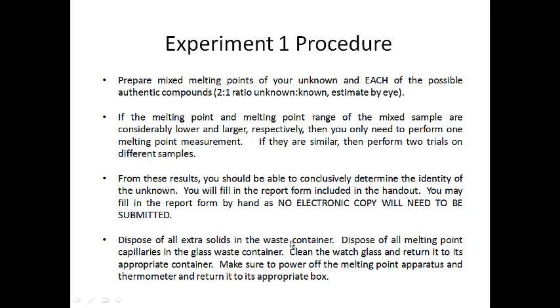You'll dispose of all the melting point capillaries in a glass waste container, and then clean the watch glass with a little water and acetone, return it to an appropriate container, and put your melting point apparatus back in the box. Make sure that it's powered off, and that the thermometer is powered off, and then put that box back in the appropriate area of the lab. At that point you will have finished experiment number 1.